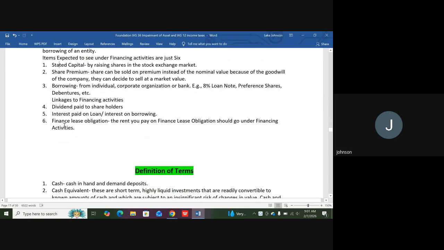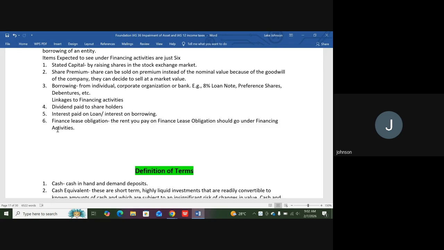Then the last one is finance lease obligation. The rent you pay on finance lease obligation should go under financing activity. In a finance lease, you are like borrowing an asset.